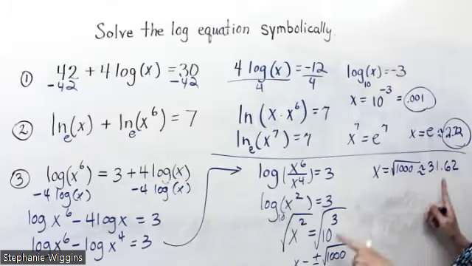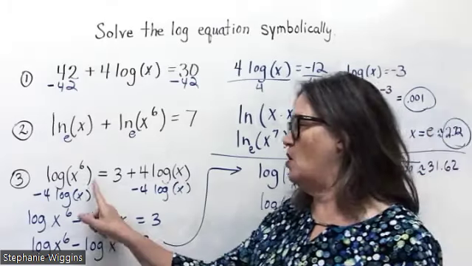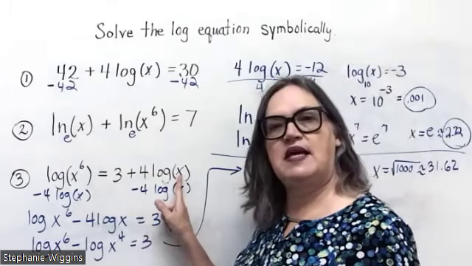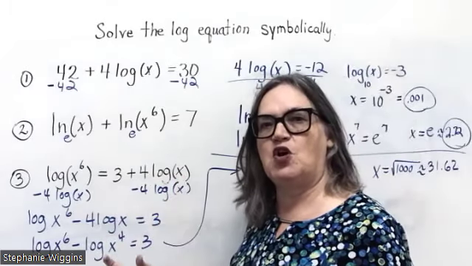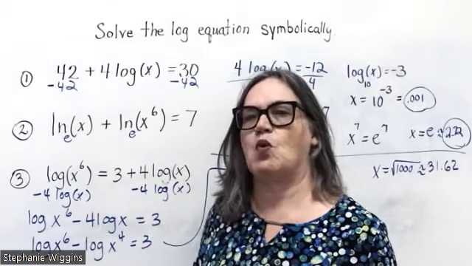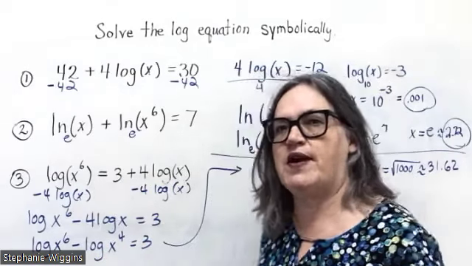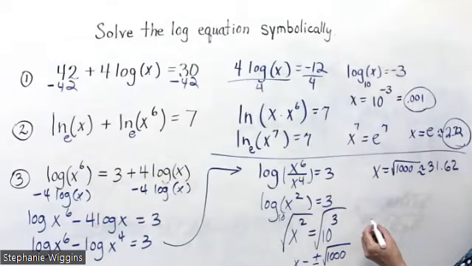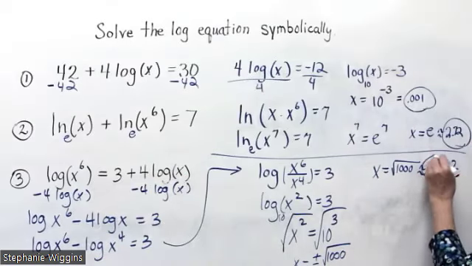But negative 31.62 is not going to work right here. You can't take the log of a negative number. So you have to throw out that answer. So on these log equations, always check your answers. So we're going to throw out the negative and just keep the positive one.